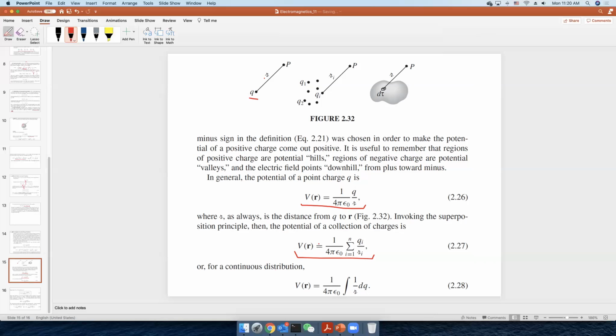And for a continuous charge distribution, instead of doing the sum of multiple charges, you need to do a volume integral. V equals an integral of the charges instead of a sum of charges.